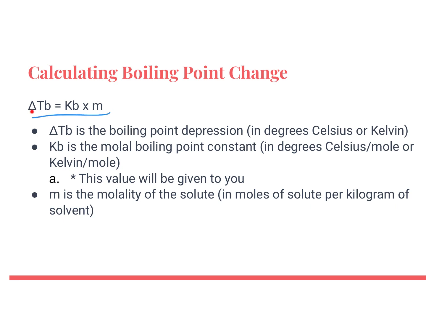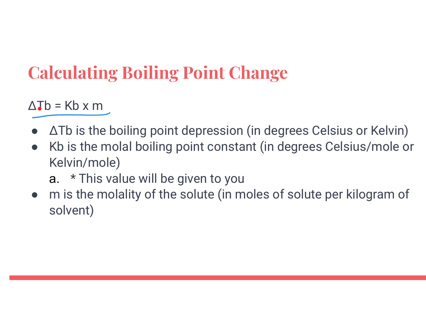All right, typically, what does this little triangle mean? When you see this triangle in equations, what does the triangle mean? It is sometimes heat. In this case, it isn't. What else could a triangle mean? Change. Okay. So in this context, it means change. The T stands for temperature, and the B stands for boiling. Okay. So how much does the boiling point change?